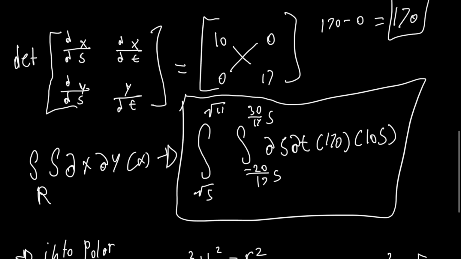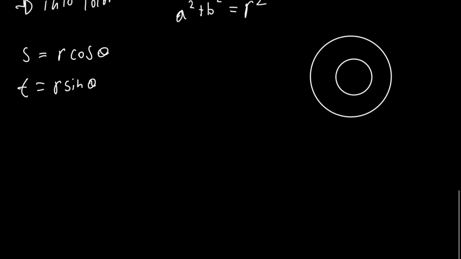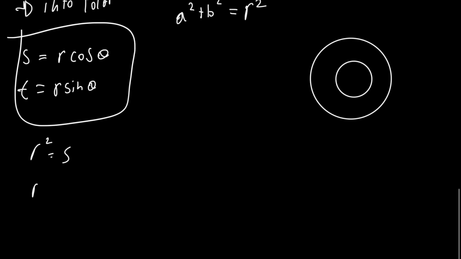So from there, my r squared equals 5 and r squared equals 11. So now that I have that, that's really nice. I'm actually going to move this a little bit further away. Let's call this our factors. Let's leave that here. r squared equals 5.